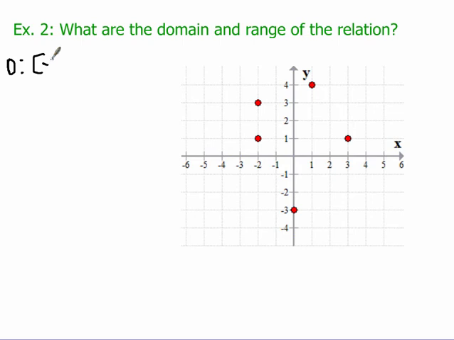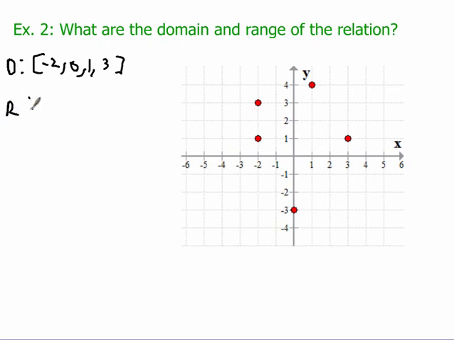Well, I don't have to write it twice. I just write it once. There's no reason to write it twice. Here I've got 0 for an X value. Here I've got 1 as my X value. And here I've got 3 as my X value. So my domain is just negative 2, 0, 1, 3.